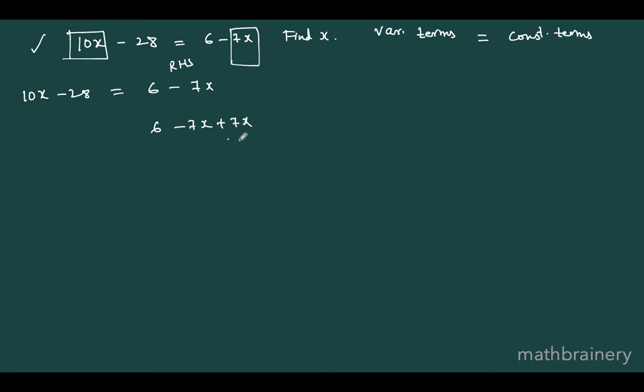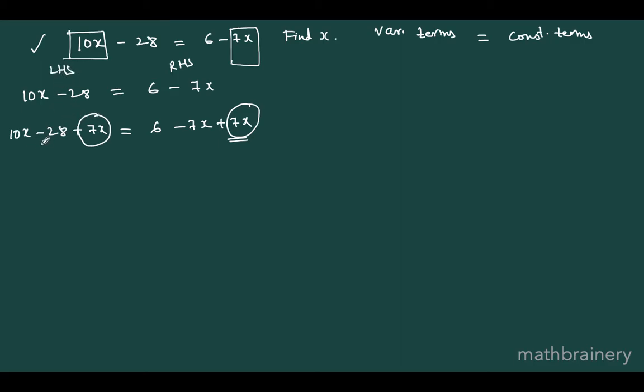If I am adding a positive 7x on the right hand side, that is, if I am adding some extra quantity, I will be doing the same operation towards the left hand side, just to maintain the balance of the equation. I am bringing in something extra here, so I will be bringing in the same extra quantity to the other side, that is, to the left hand side as well.